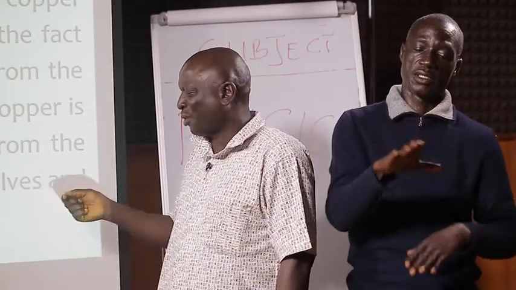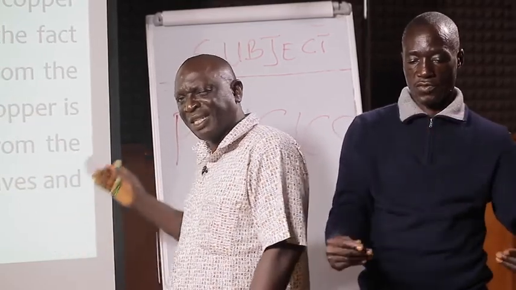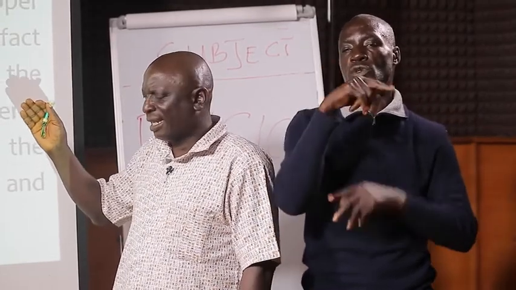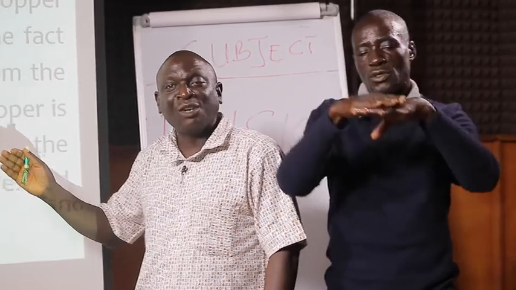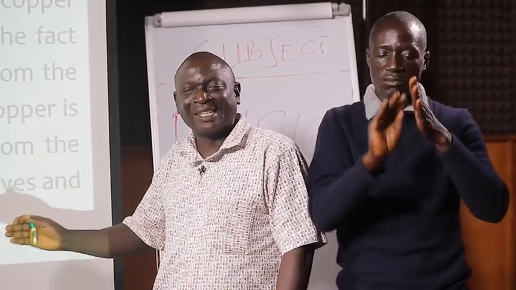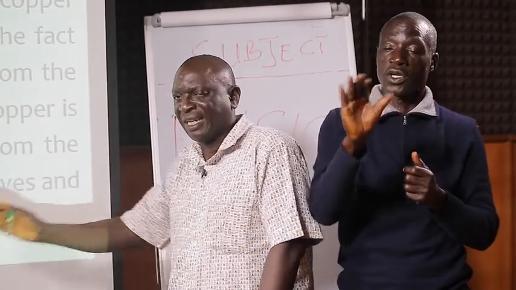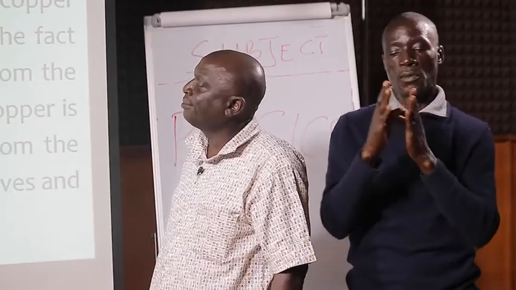So we will see that as the process is going on, the anode will be decreasing in thickness while the cathode will be increasing, because it is being decreased here and then it is being added on the other side.